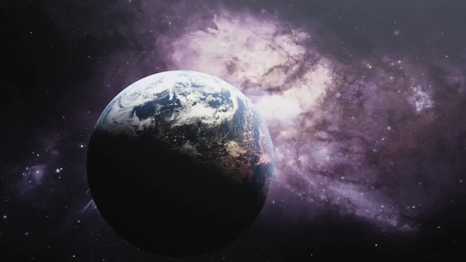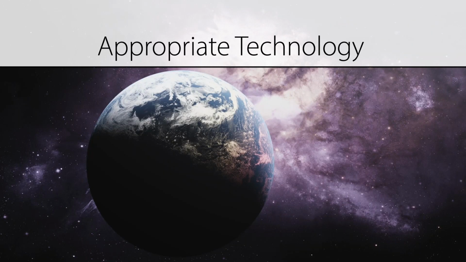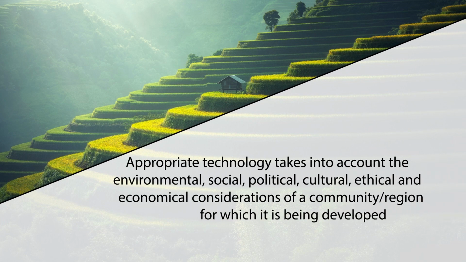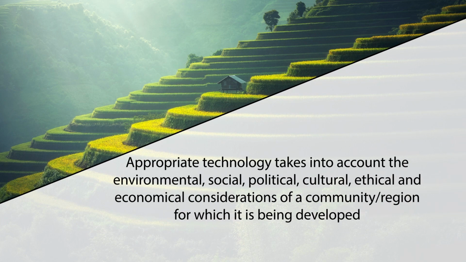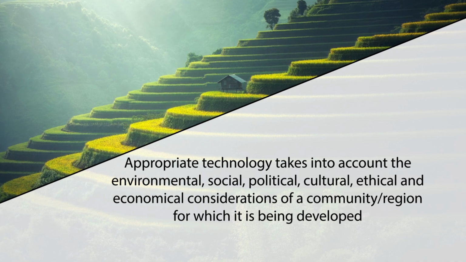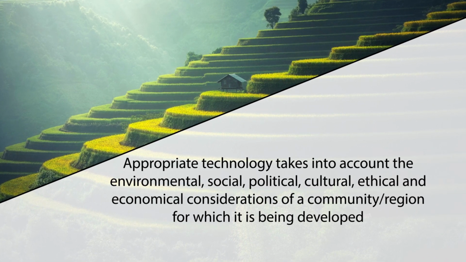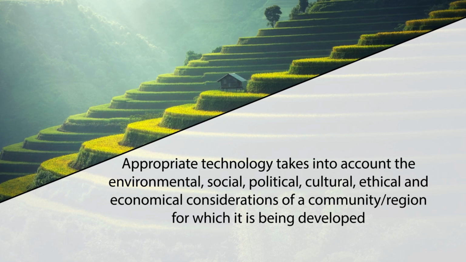But we have another class of technology which is called appropriate technology. Let us see what this appropriate technology is. Appropriate technology takes into account the environmental, social, political, cultural, ethical, and economic considerations.